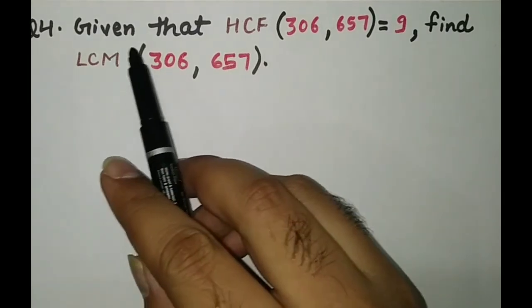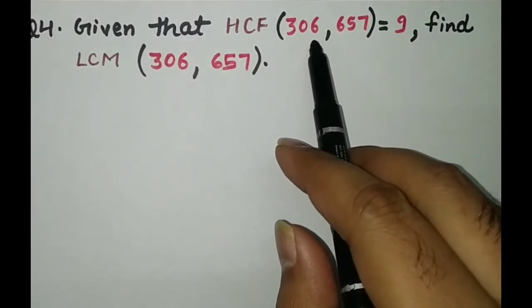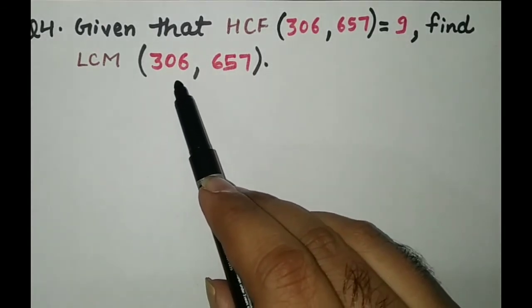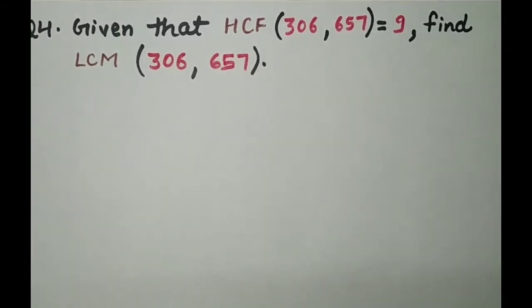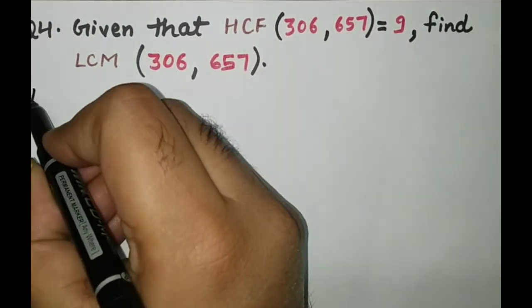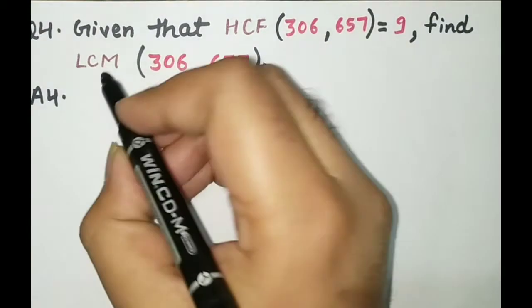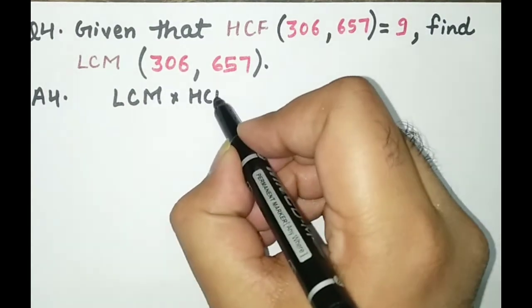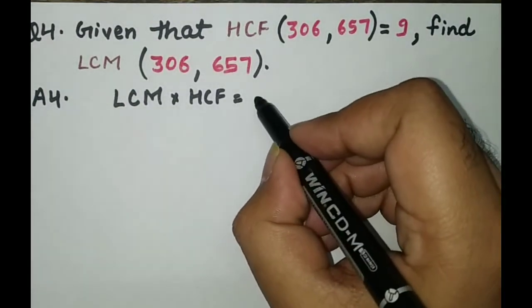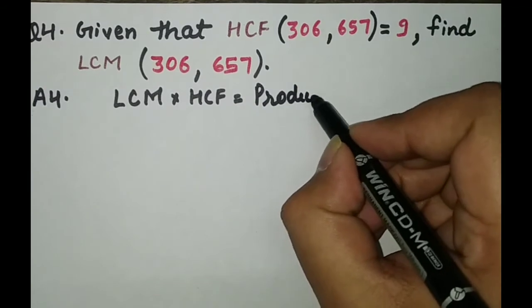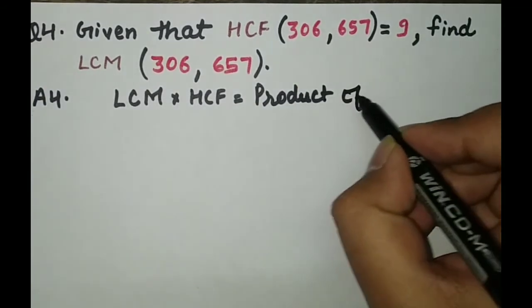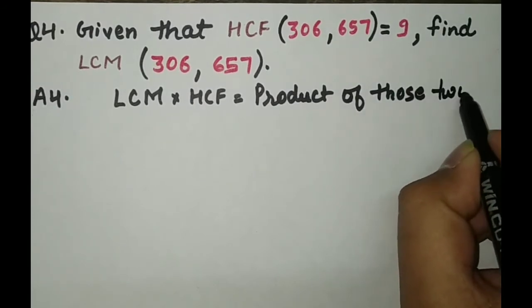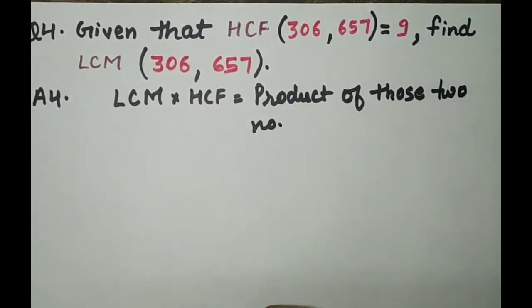Next question is, given that HCF of 306 and 657 is 9. Find LCM of 306, 657. We have to use formula which we already know, that product of LCM and HCF of two numbers must be equal to product of those two numbers.